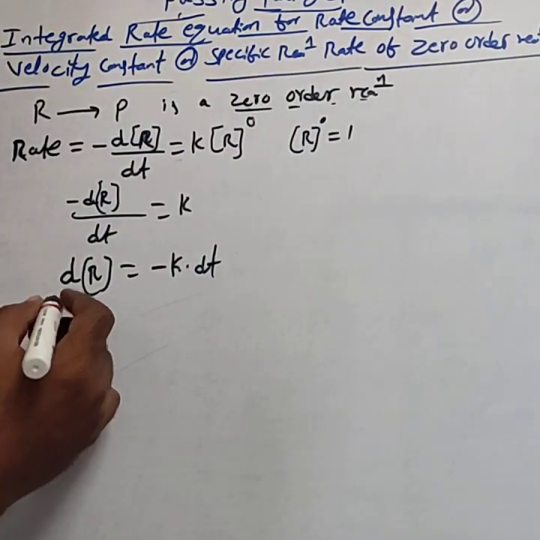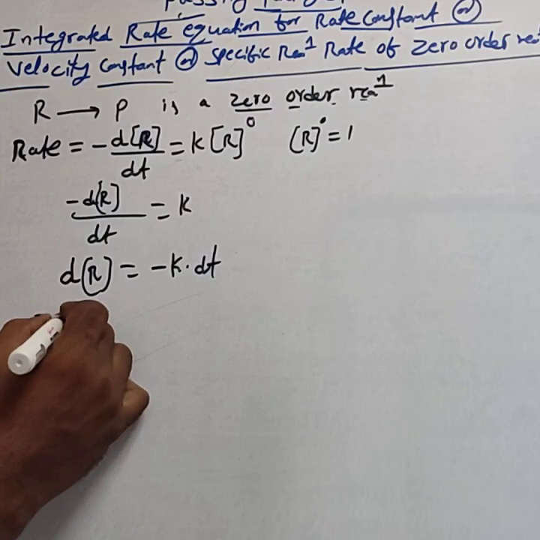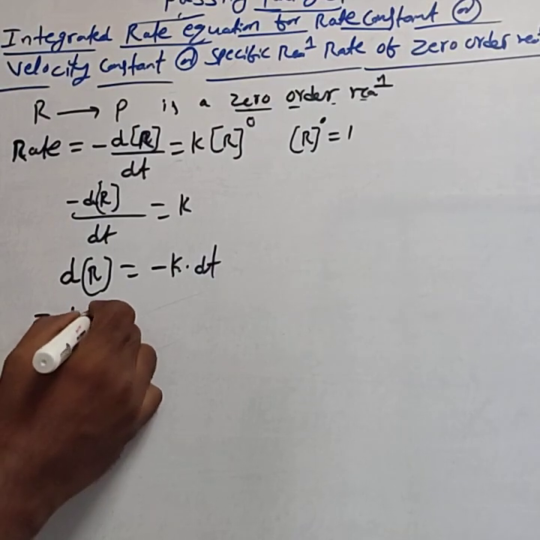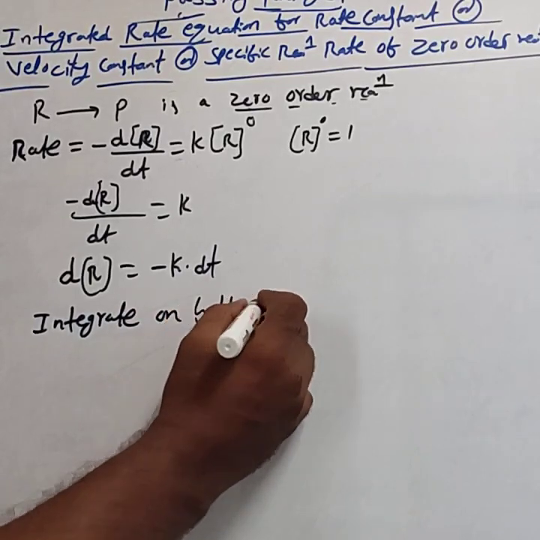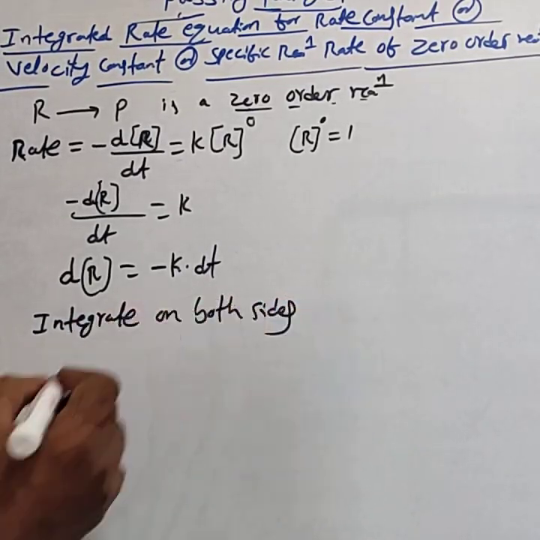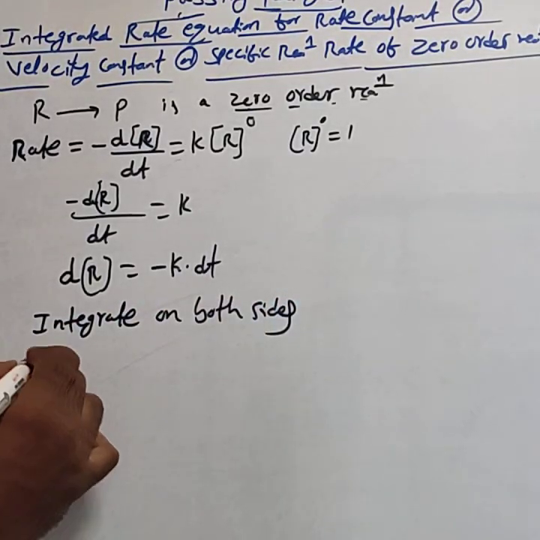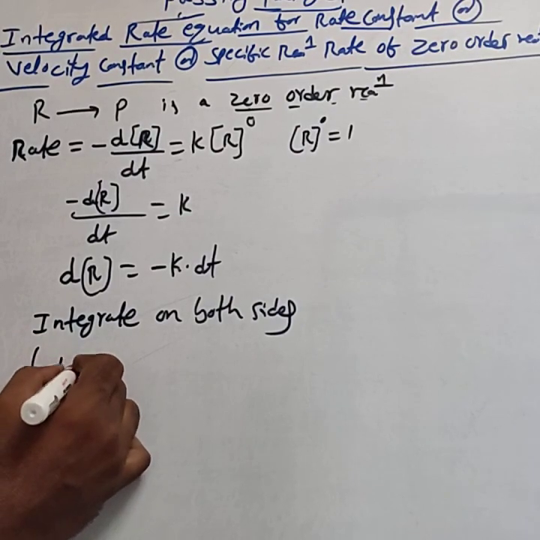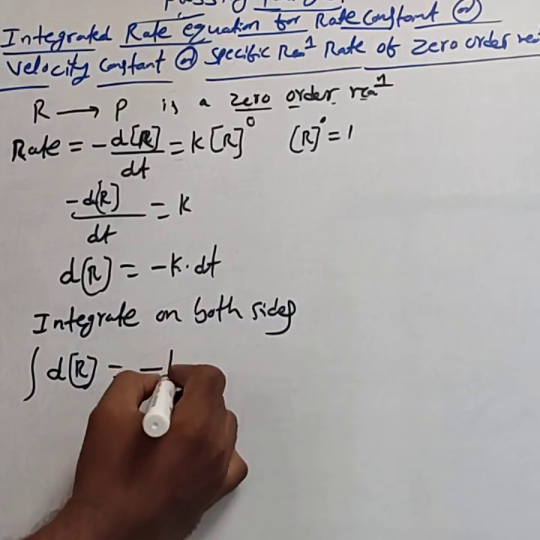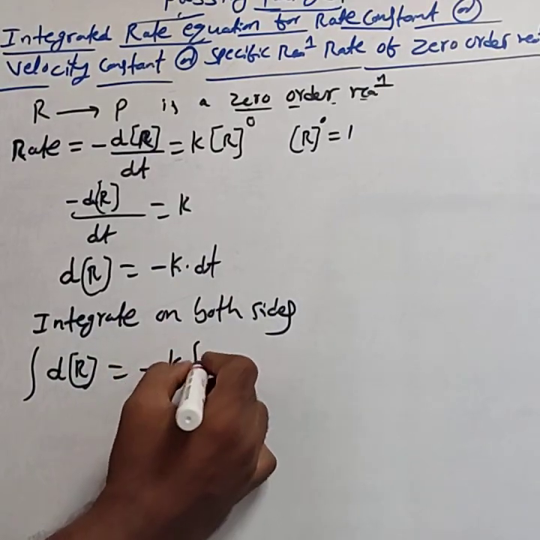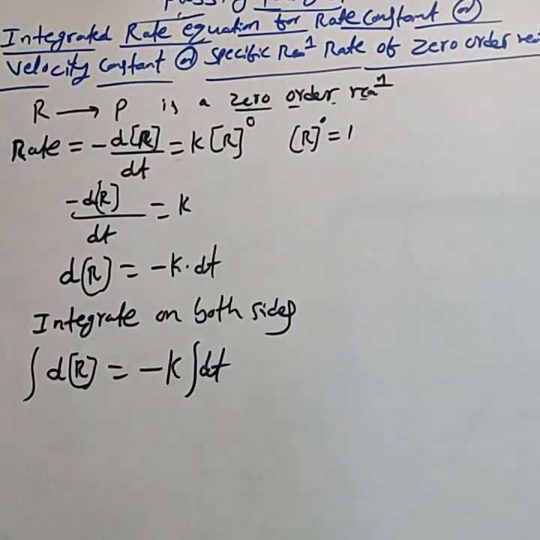Integrate on both sides. This is the integral symbol, integral of dR equals minus k, k is a constant so consider it outside, integral of dt. We are not integrating the constants.